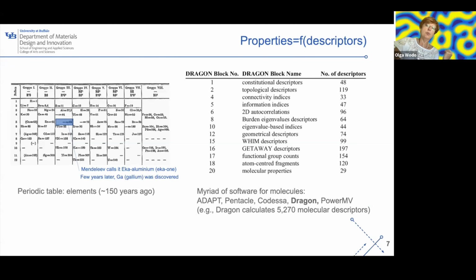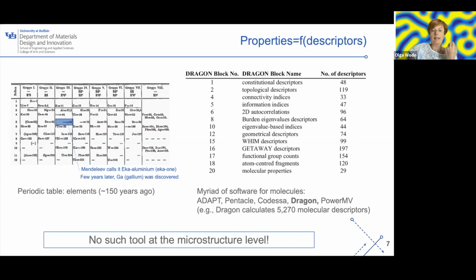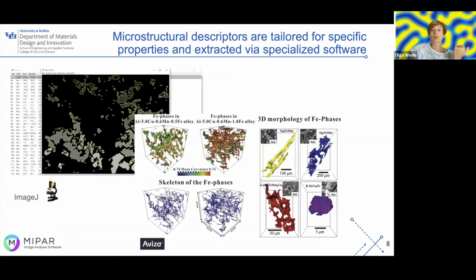As we move to, let's say, the molecular level, molecules become more complex, and there are more features rather than thinking about group and period. There are definitely many more features, right? There is lots of software that allows you to calculate descriptors for molecules. Dragon is my favorite one. Given a molecule, it can featurize your structure into 5,000 descriptors, which is amazing. When you look at the microstructure level, so one level up, no such tool exists.